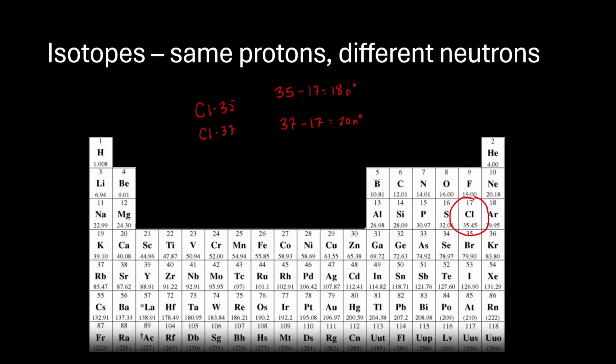So note that this chlorine atom can have 2 different versions, one with 18 neutrons and one with 20 neutrons. How we get that average atomic mass is by averaging the 2 masses we can have, which are 35 and 37. But you'll note that the average of 35 and 37 would be 36, and on the periodic table, chlorine's average atomic mass is 35.45.